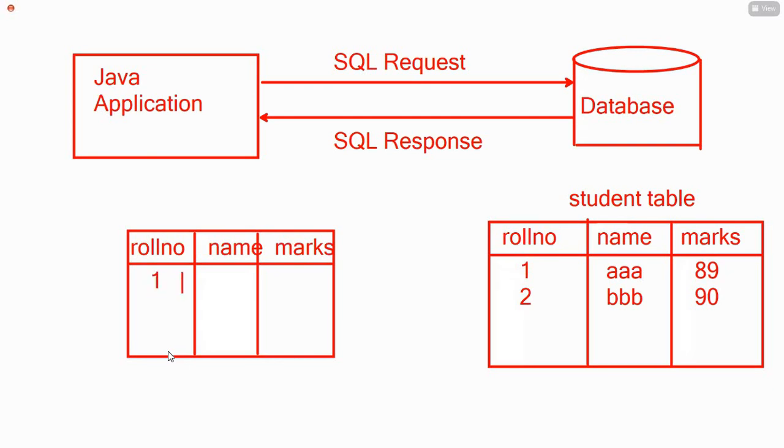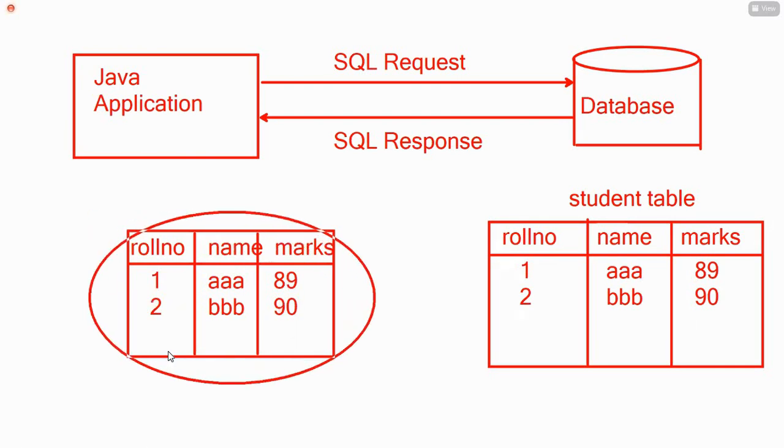Suppose 1, EEE, 89; 2, BBB, 90. First of all, this result set is generated with a select query, and this result set is referred to by RS. Whenever a result set is generated, the result set pointer or cursor points before the first record.